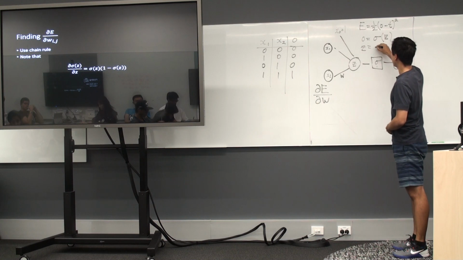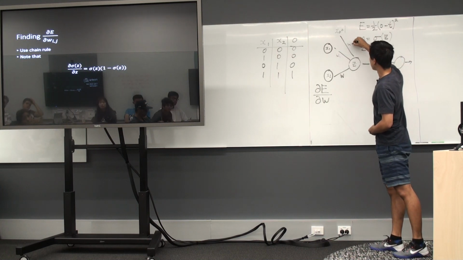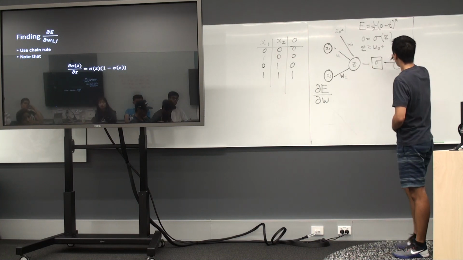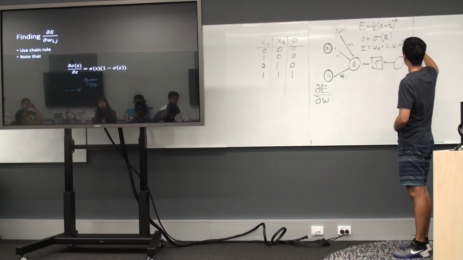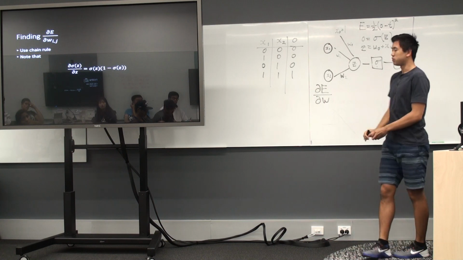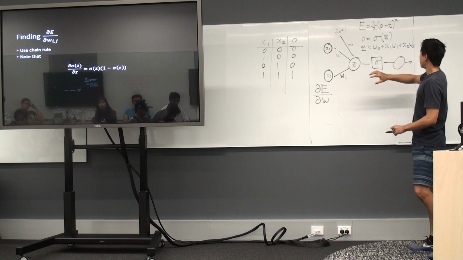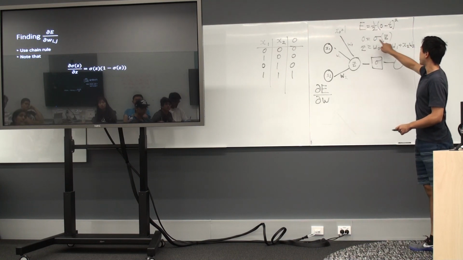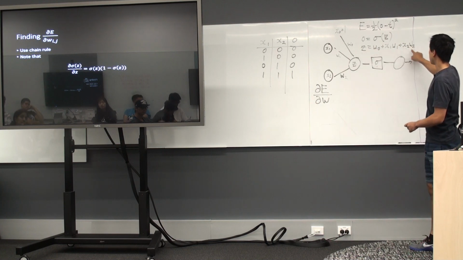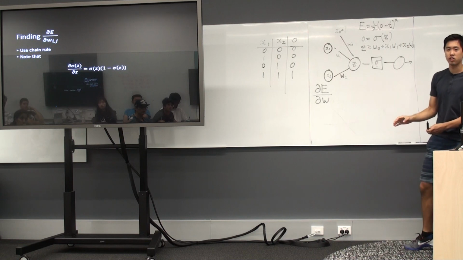Z is equal to W0 plus X1 W1 plus X2 W2. So we have this error which links to the output, which links to Z, which links to W2. And that's kind of the chain of how things relate to each other.